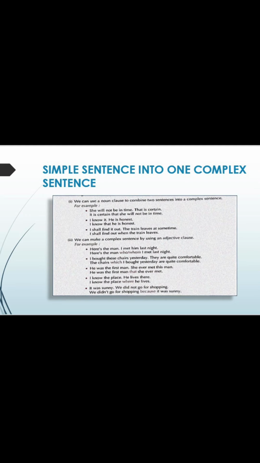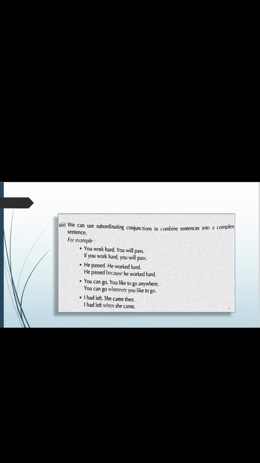Now let's understand how we can use subordinating conjunctions to combine sentences into a complex sentence. For example, you work hard, you will pass. So what is the subordinating conjunction? If you work hard, you will pass. He passed, he worked hard.